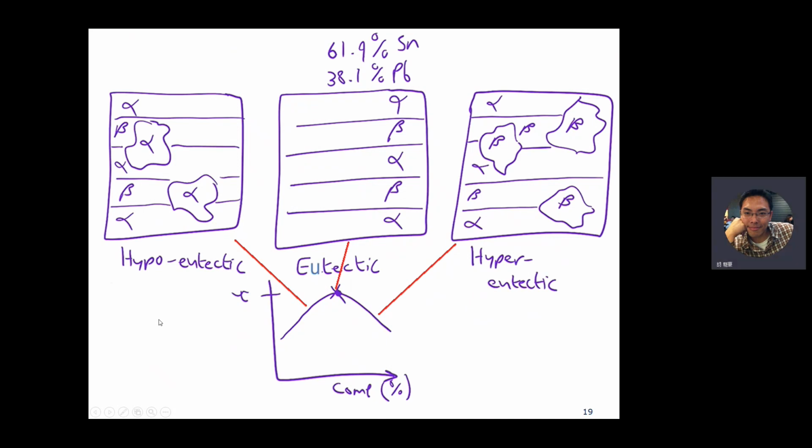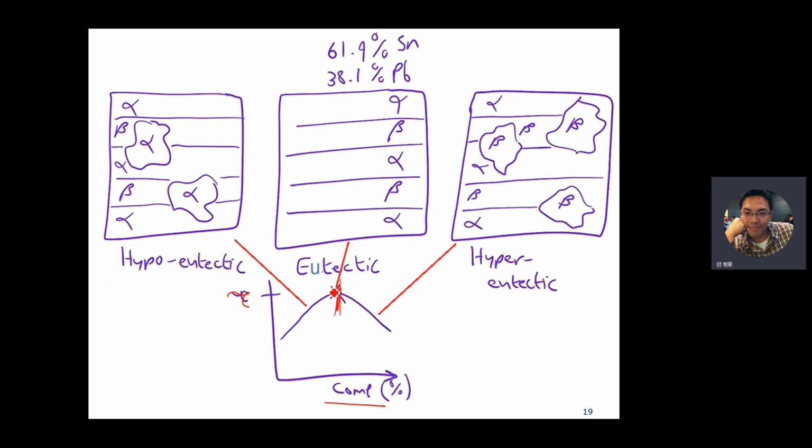So we can see that when the composition of tin is 61.9%, this is the shear stress versus the composition of tin. The result is that we have the highest shear stress at the eutectic point.